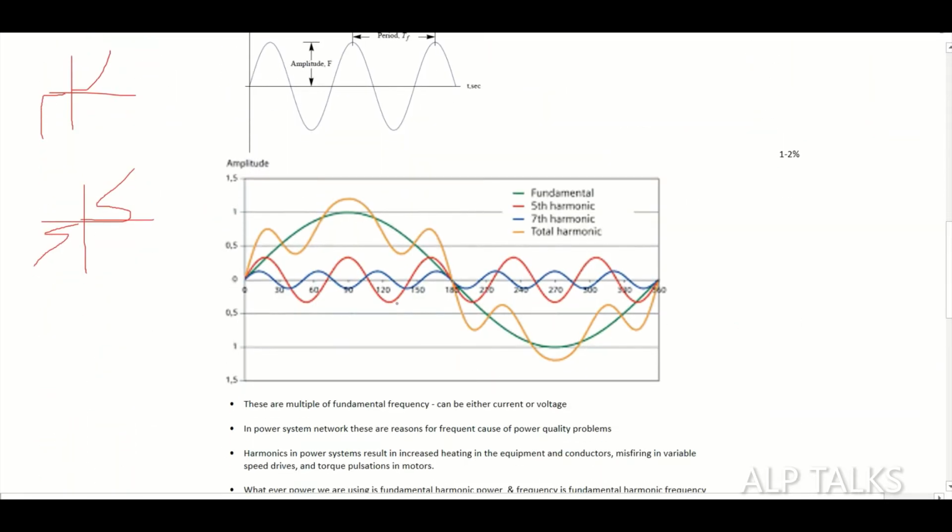You can see it clearly here, whatever I drew. Fundamental is green color, so we have third harmonic and seventh harmonic. So the resultant is completely different. Say this is the unit, right? One unit. So due to this harmonic content, here you can see the peak value is completely different. Here also, on the negative side, the peak value is different.